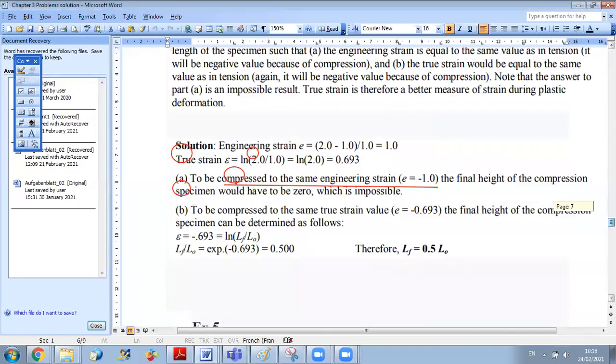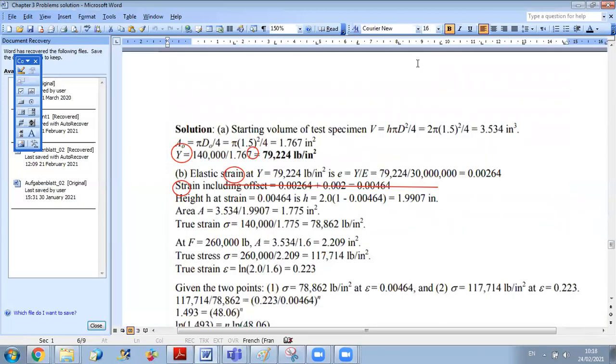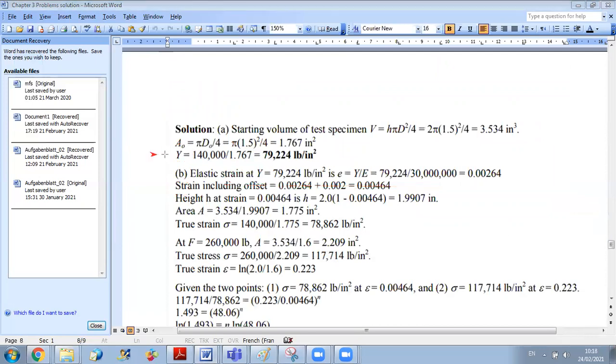So here, as we did, in the first step I calculated sigma yield by dividing by A0, which is pi d square over 4. Here the square is missing, so let me add it. It's pi d square over 4. Now, once we get sigma yield, the second step is to get epsilon yield.